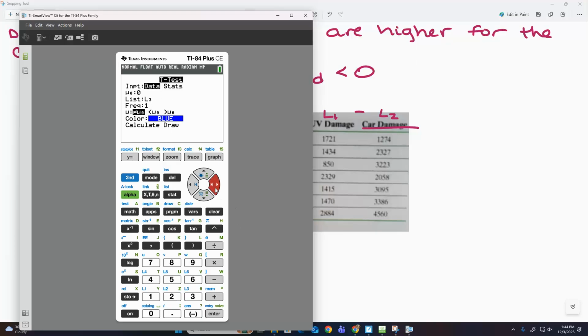To be based off stats, I just have to give you the mean and the standard deviation in the problem. The mu, the mean, we have to say that's 0. It should be 0 on all these. The list should be L3. This time I'm testing less than 0. So if we calculate it.